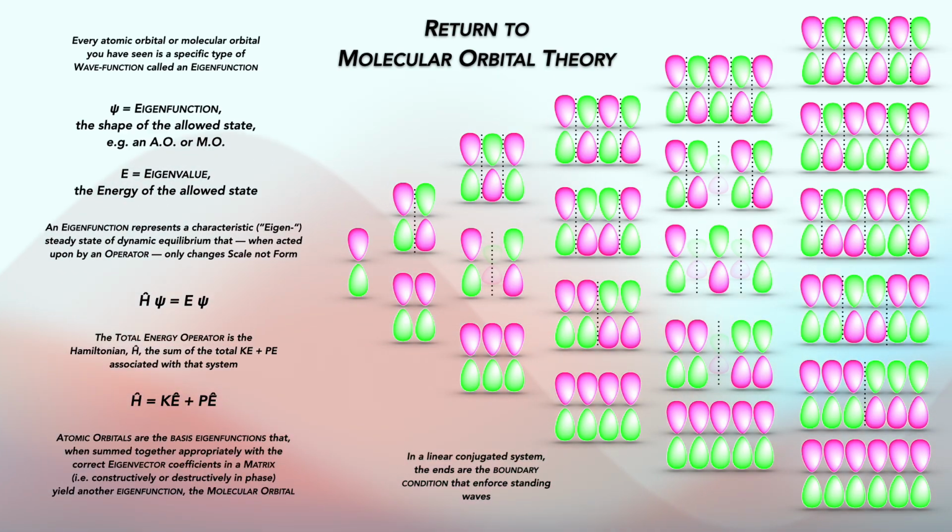more fundamental. Every atomic orbital, every molecular orbital that you have ever seen is a wave function. Not a picture, not a location, but a mathematical solution. Specifically, every wave function that you've encountered, whether atomic orbitals or molecular orbitals, is specifically an eigenfunction of the Hamiltonian operator.